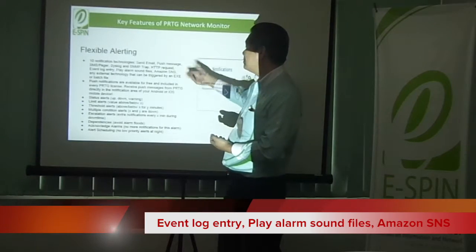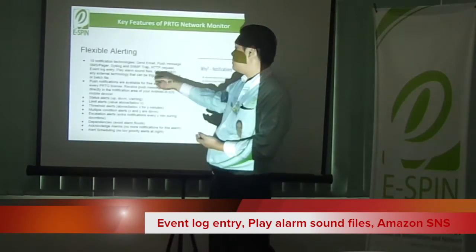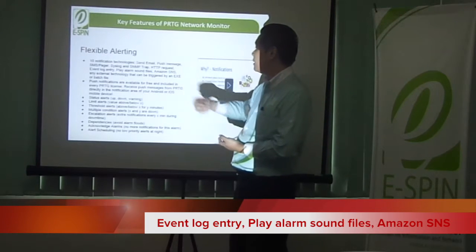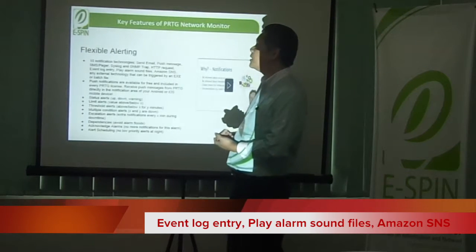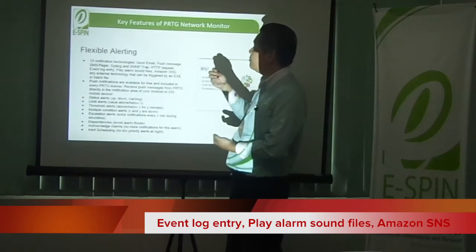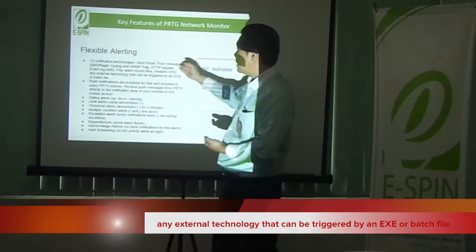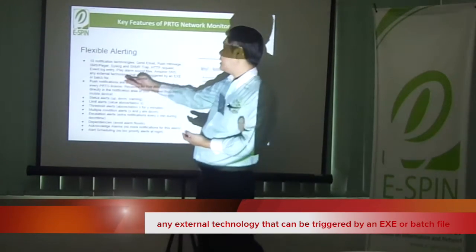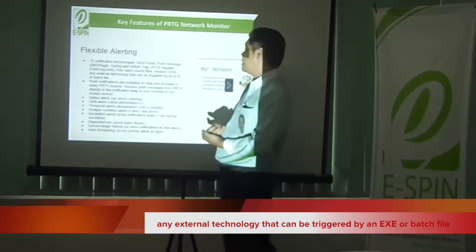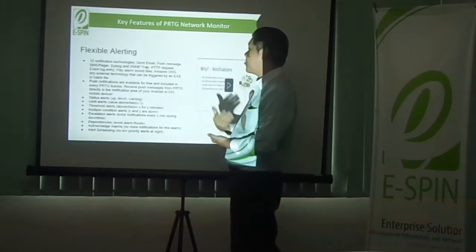HTTP request, event log entry, play alarm sounds, like some data centers that always want to play a critical sound through a speaker to make everyone aware of what is going on. Amazon SMS, and any external technology can be triggered by creating an exe or bash file.